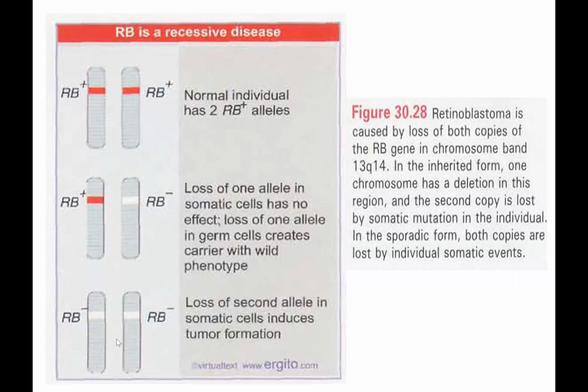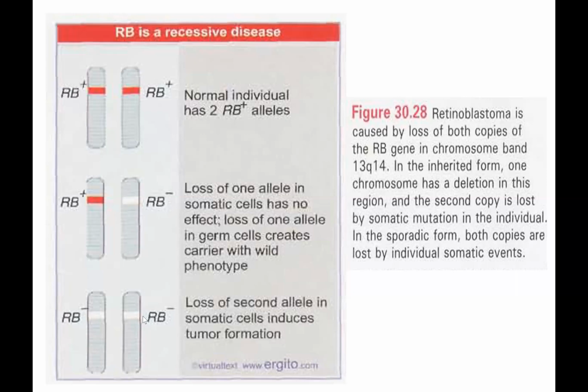Both the alleles, when they are lost, one by way of deletion, that is one possibility of how both can be missed out, one by way of deletion, and the second allele by way of somatic mutation. So when in another allele there is a somatic mutation and one allele is deleted by chromosomal mutation, it becomes RB minus.